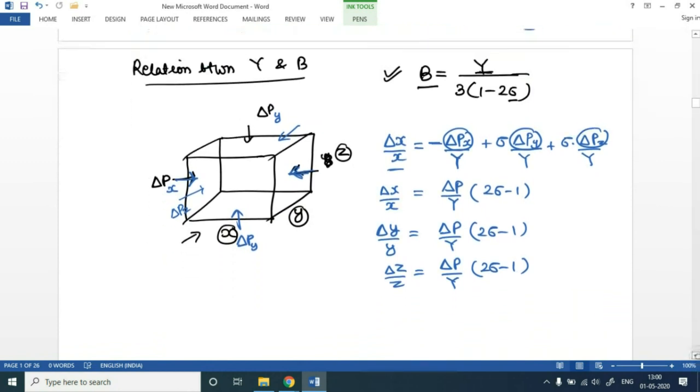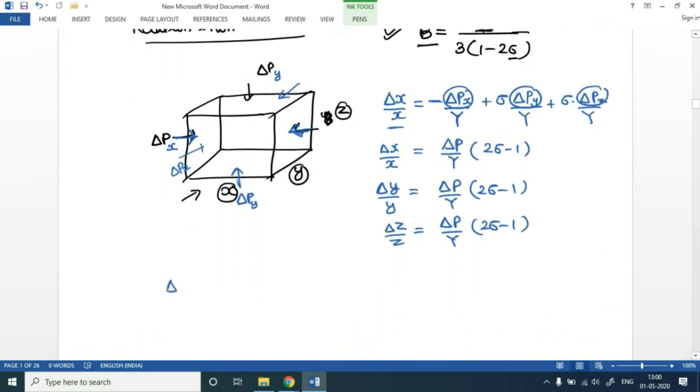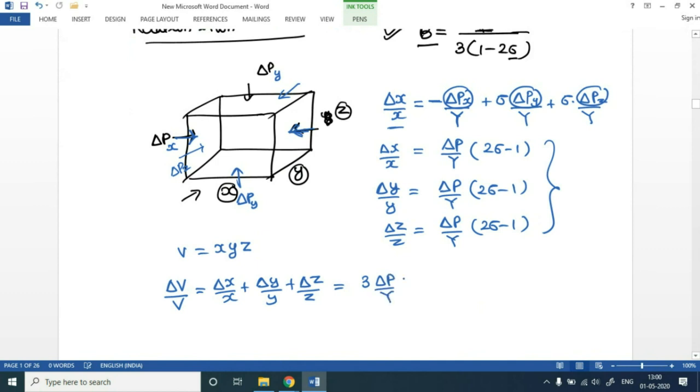Now, we were looking for the change in volume, delta V by V. V is nothing but X into Y into Z, so delta V by V would be delta X by X plus delta Y by Y plus delta Z by Z. The sum of these three quantities gives us 3 times delta P by Y into (2 sigma minus 1).